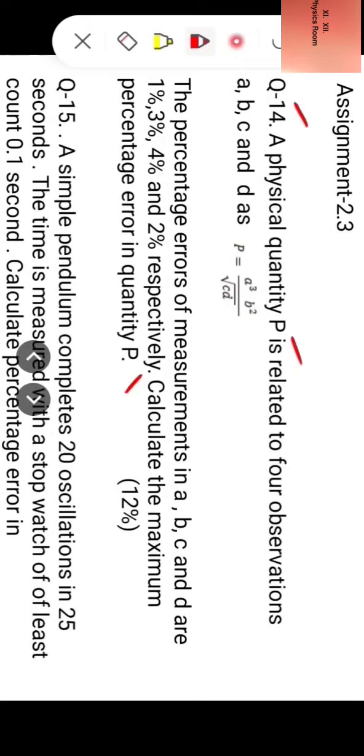Calculate the maximum percentage error in quantity P, and the answer would be 12%.